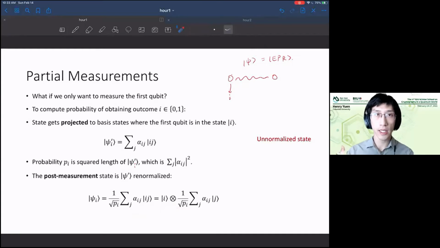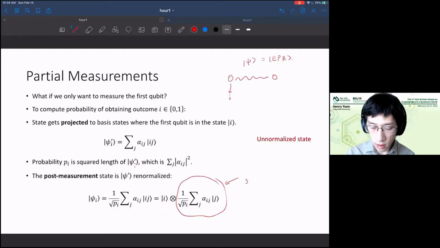The first qubit is collapsed into the state i, like you might expect. And then the second qubit, it looks a little different. It's changed into this single qubit state now. So this is the state of the second qubit after the measurement.